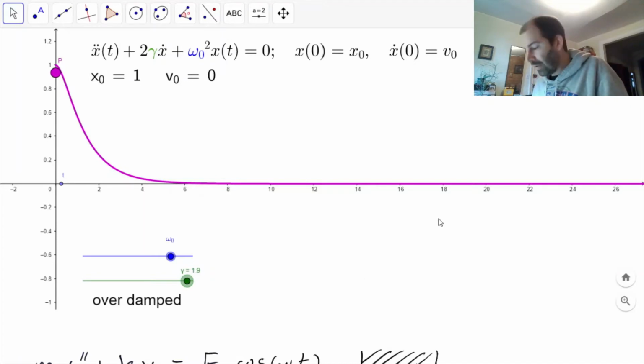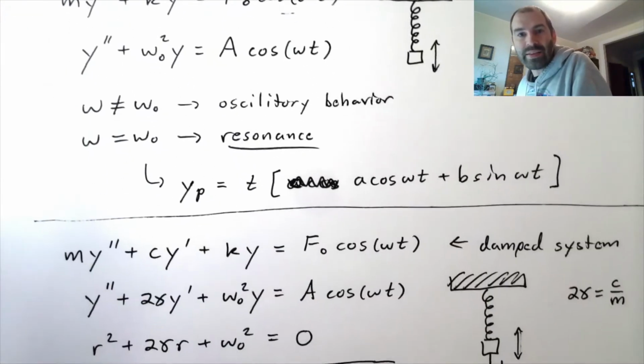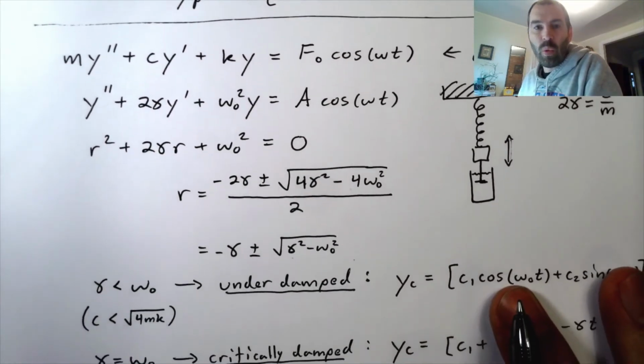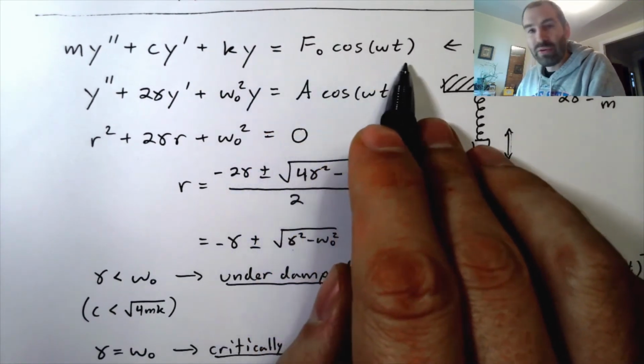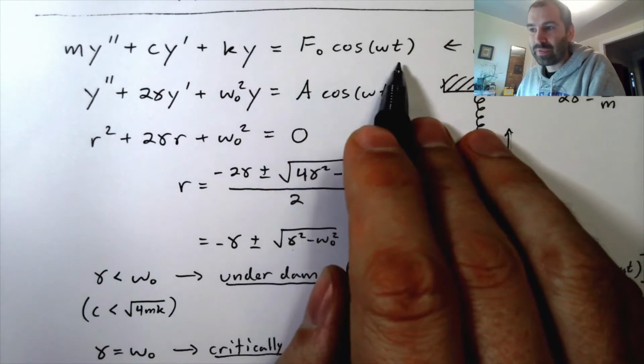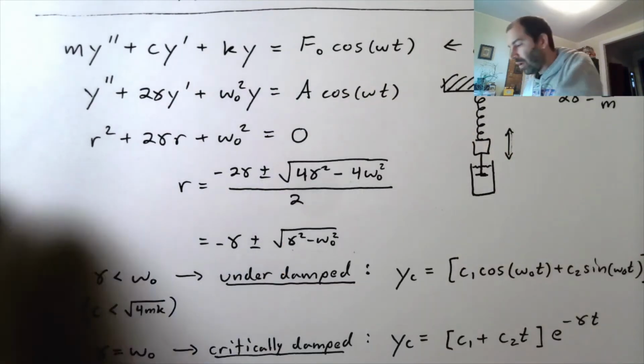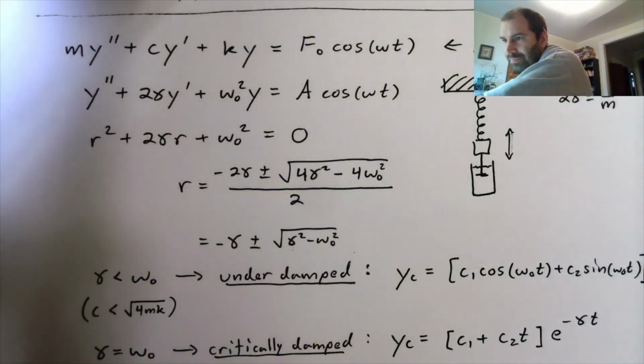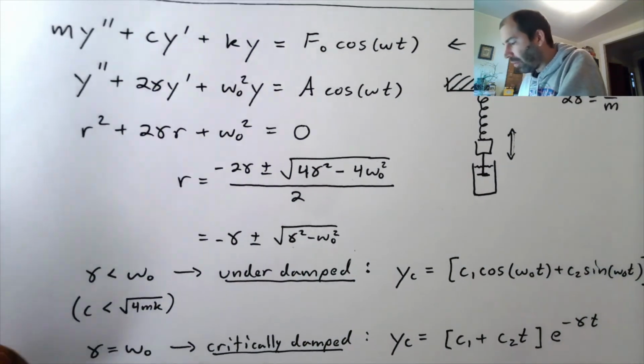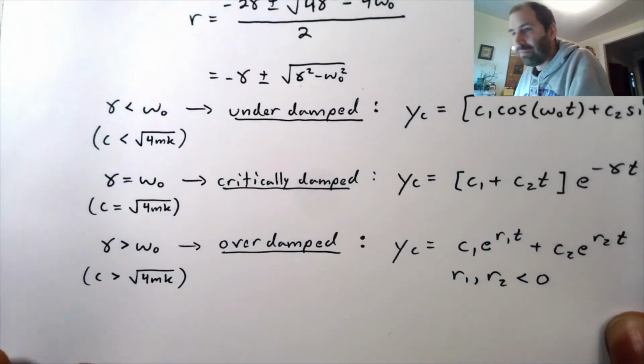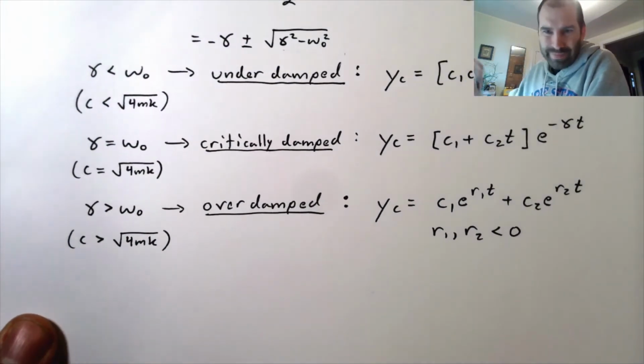All right. Now, the last thing that we need to discuss is what happens with this forcing term here. Okay. Well, actually, before I go there, let me point out this is kind of part of that.